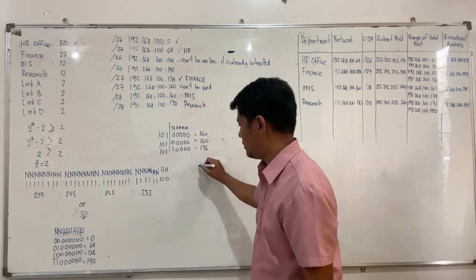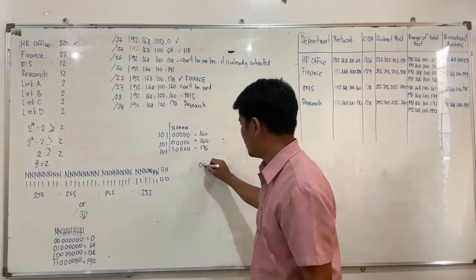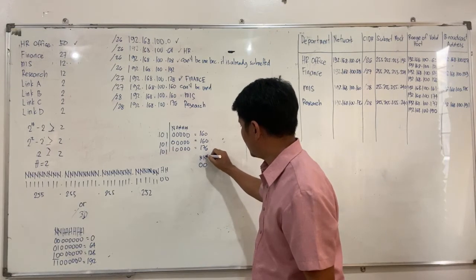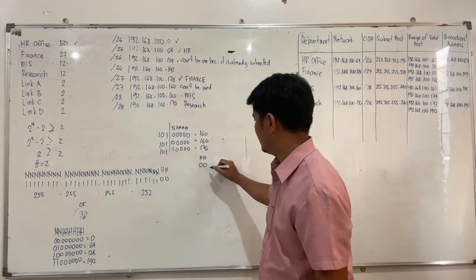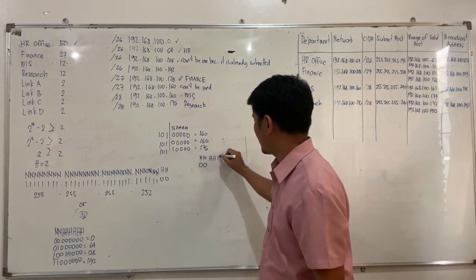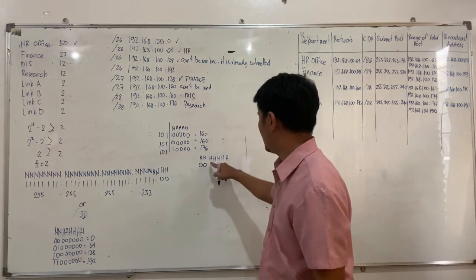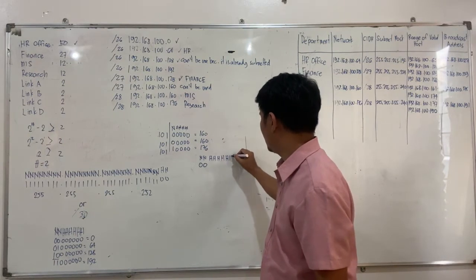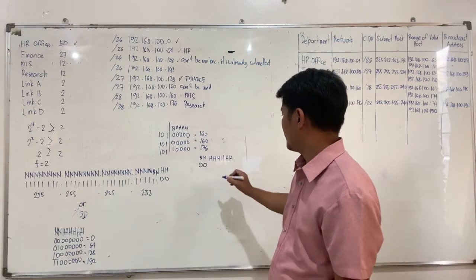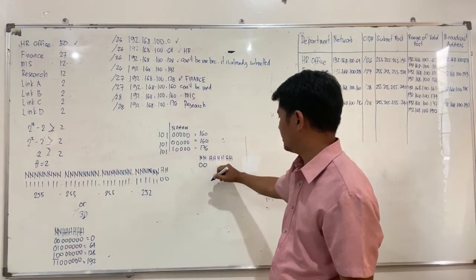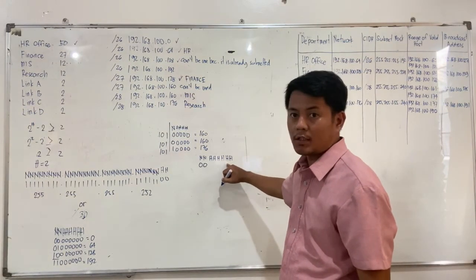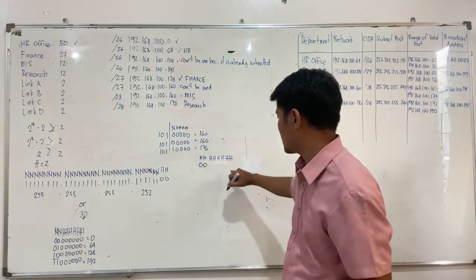Originally we have 0 0, and the remaining are the host bits: 1, 2, 3, 4, 5, 6. We only need 2 host bits.